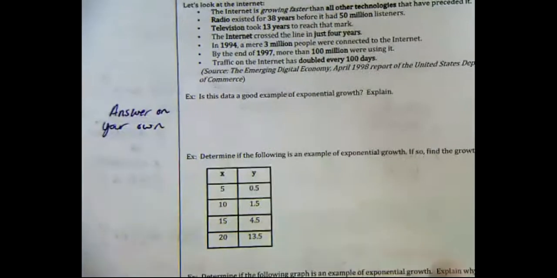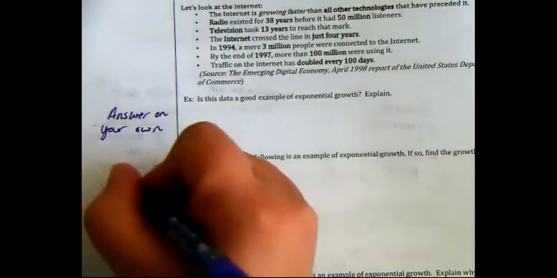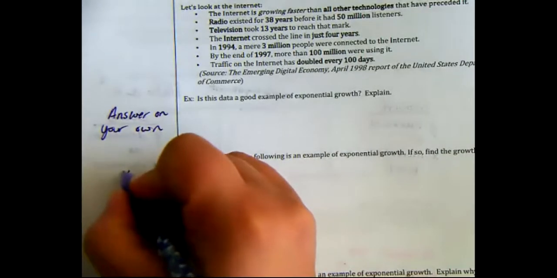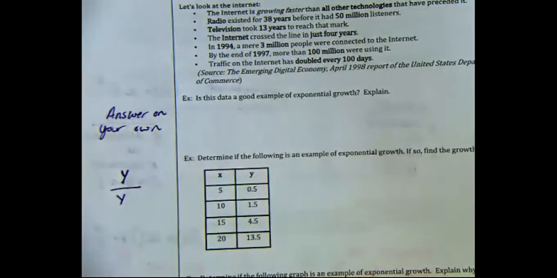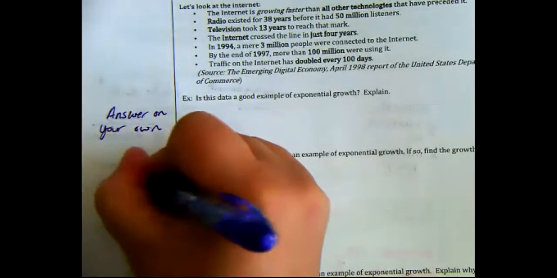If you remember, the way that we found our growth rate was we took each y, and I'm going to use subscripts here. We put a y over y, making sure that whatever the bottom y was, the top one was the one right after it.